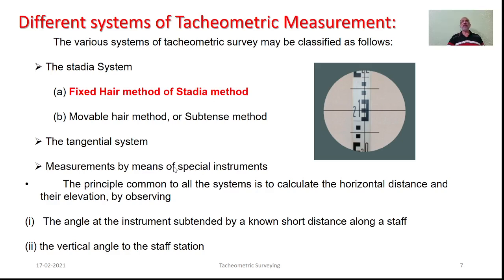So under this category we can deal with some specialized equipment, which could be like, say, Beaman's stadia arc. In fact, this particular method is more of an academic interest today, and Beaman's stadia arc or such additional instrumentation is almost obsolete.